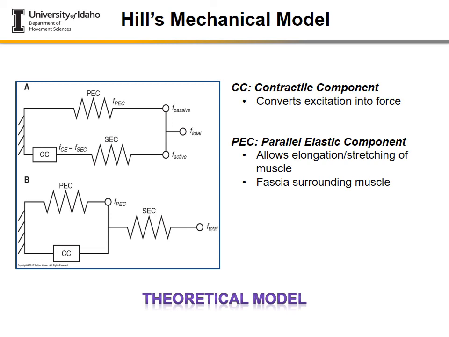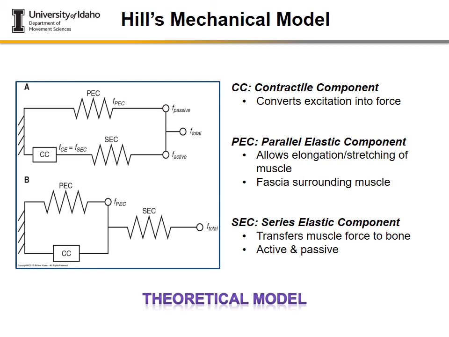These are related to the fascial surroundings. What you'll see is that the parallel is in parallel to the contractile component, so there's never a continuation of or in series with the contractile component. The parallel runs in parallel to the contractile components, or the actin and myosin, during the process of force generation.